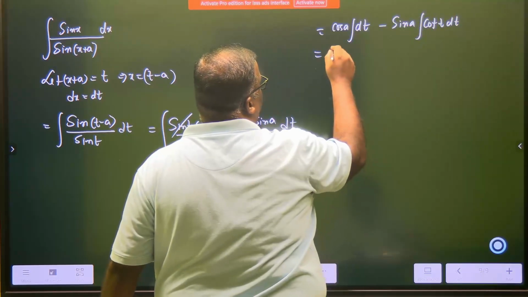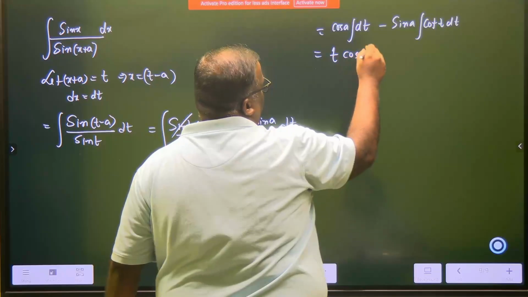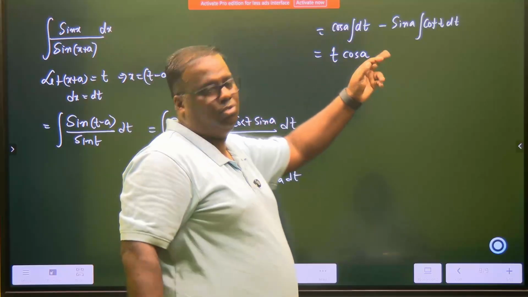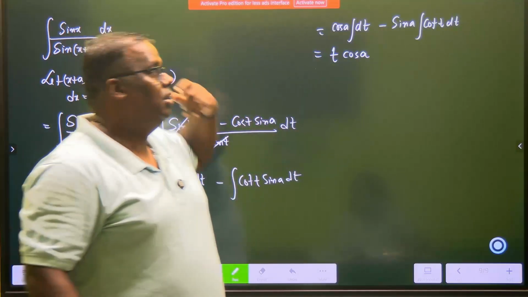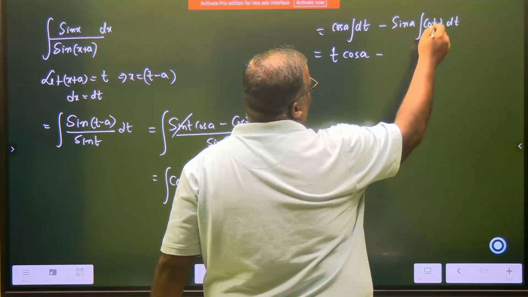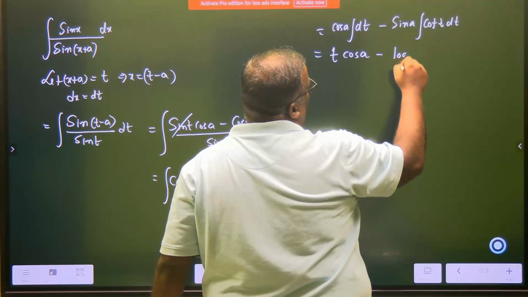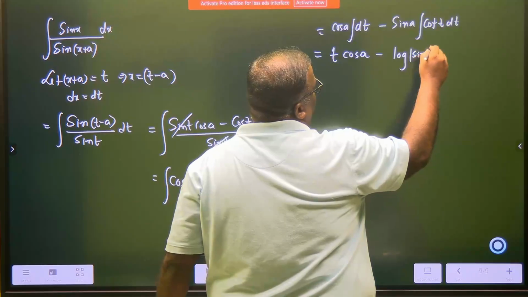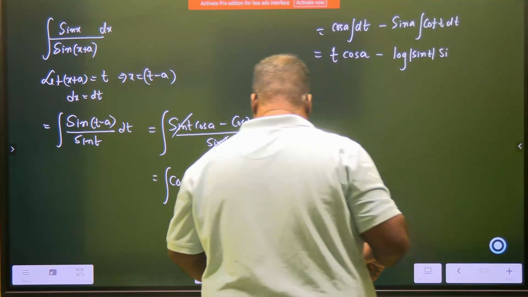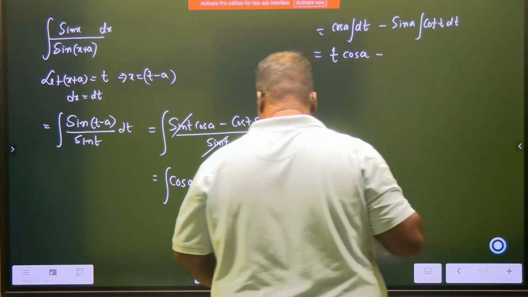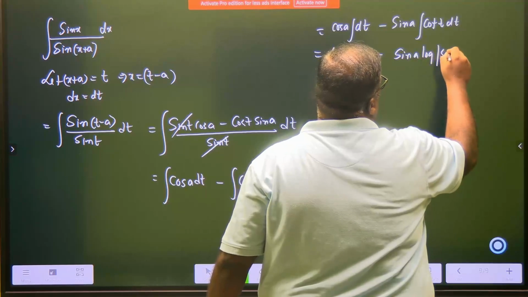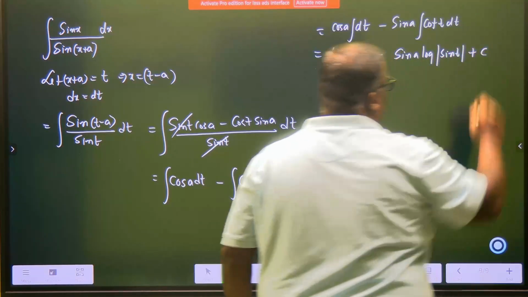This I can write as t cos a. I wrote it as t cos a, not cos a t, so that it does not give a wrong impression. And here the integration will be sine a log sine t plus c.